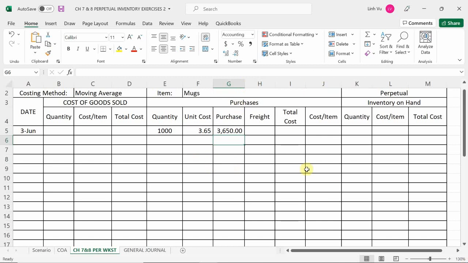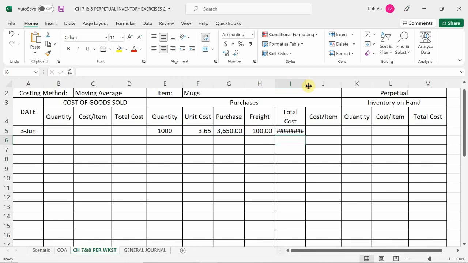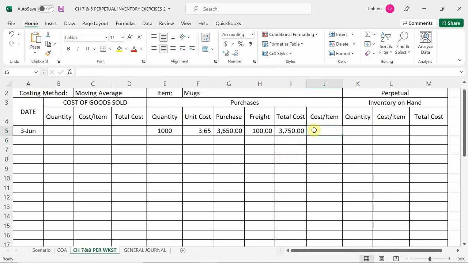And because we had freight of 100, it brought us to 3,750. So what is going to be my cost per item here? $3.75 each. Good.